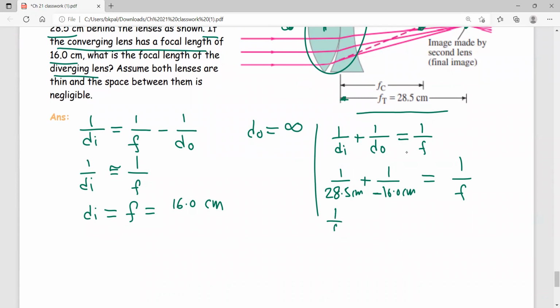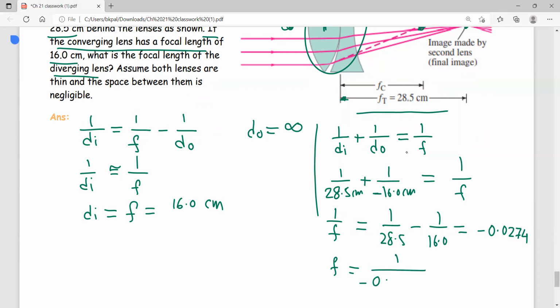What I get here is this, and that is equal to negative 0.0274. If I invert it, I get minus 36.5 centimeter.